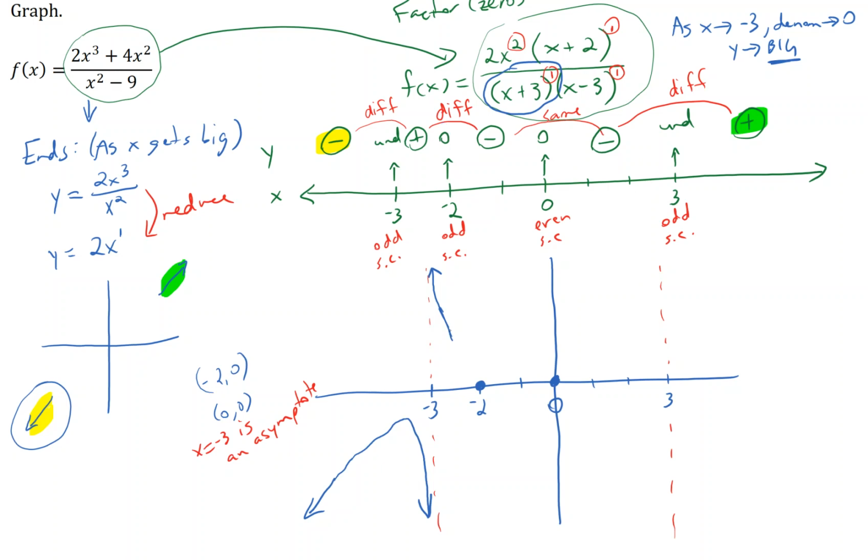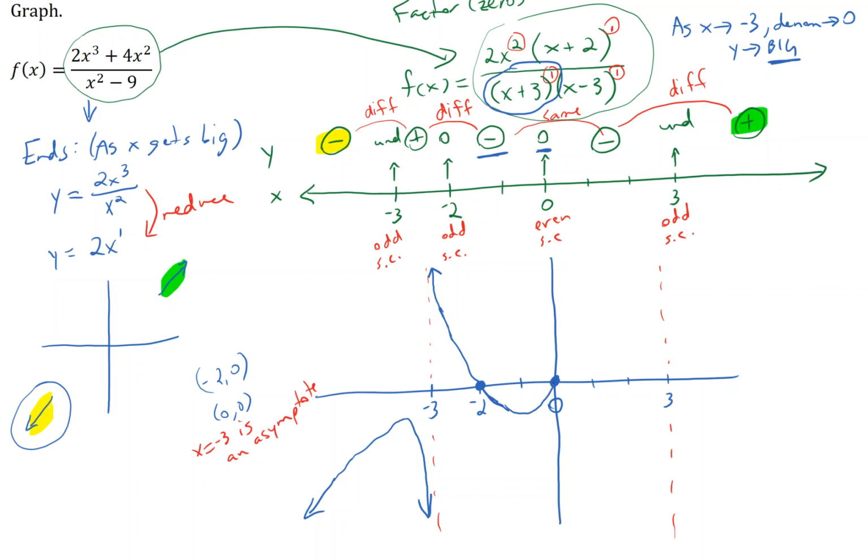So my y values are getting smaller until I get to negative 2. Now after I cross over negative 2, my y values are immediately negative. They're below the x-axis. That means I'm dipping below the x-axis. And I have to stay below the x-axis until I get to x equals 0, at which point my y values go back to 0. So they're decreasing for a little bit, but at some point they have to come back up.